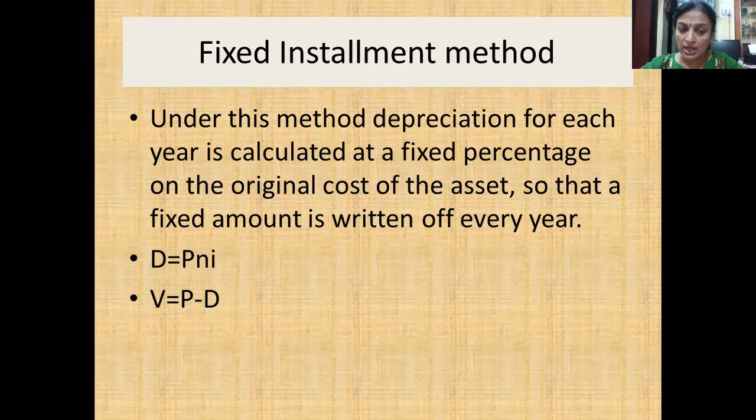So depreciation is 50,000 and the value is 1 lakh minus 50,000, that is 50,000. I hope you have understood how we have to calculate. That is V = P - D. Or if you want to calculate V directly, then V = P(1 - Ni) is the formula.